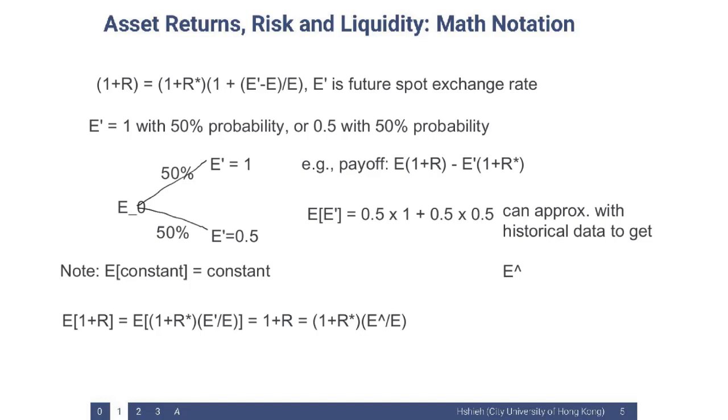Maybe I just do this like that. Okay, so that's my hat. Sorry, I can't do the hat notation in this here, but just know that E exponent means E hat. So E hat means that I'm just looking at historical data and taking an average, and it's supposed to approximate this expectation somehow. Okay, and I don't want to go into the hardcore math why that's the case, but you can do this. Okay.